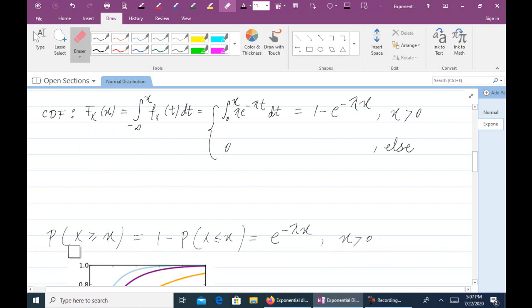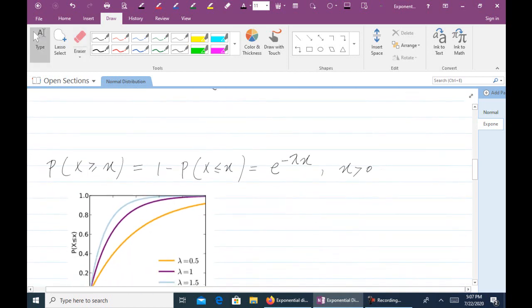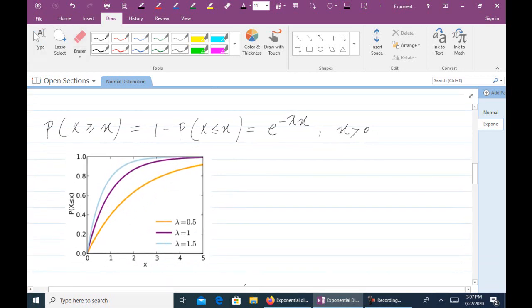So where X has exponential distribution with parameter lambda, the probability that X is greater than or equal to x is e to the minus lambda x. Here are the graphs of 3 CDFs for 3 different values of lambda again.